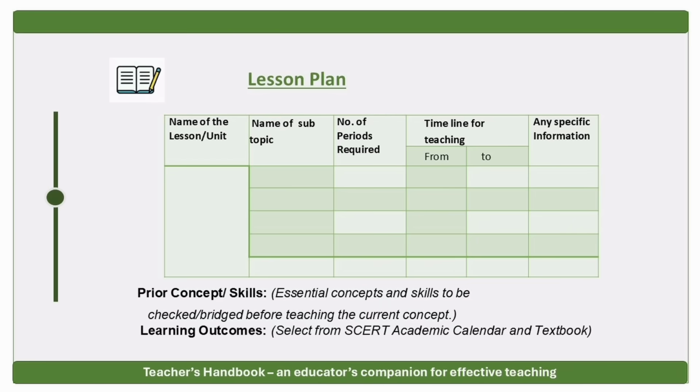These are the essential concepts or skills to be checked or identified before teaching the concept. Then we have the learning outcomes. This year we are calling them a taxonomy of learning outcomes, and each period is aligned with a learning outcome.